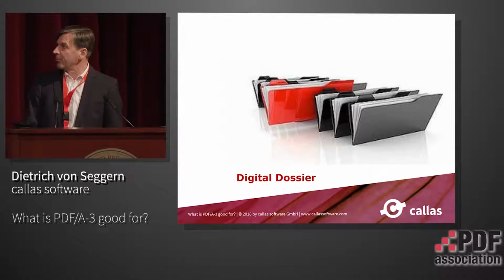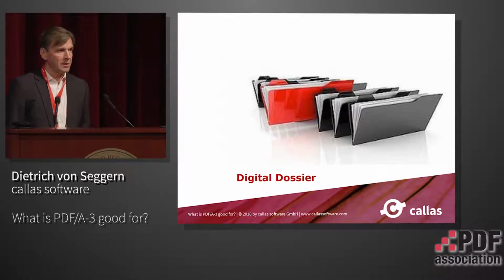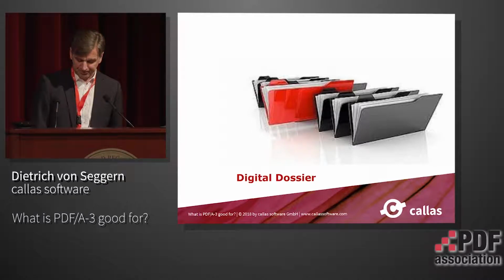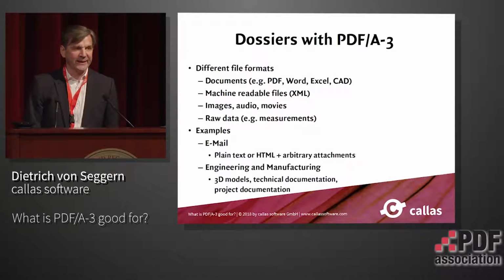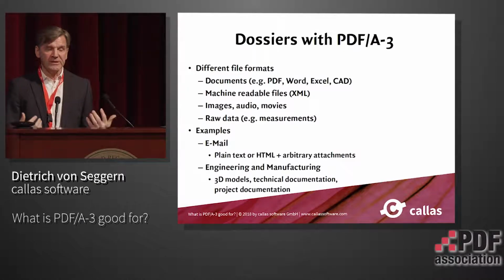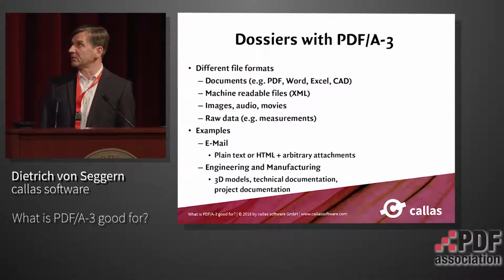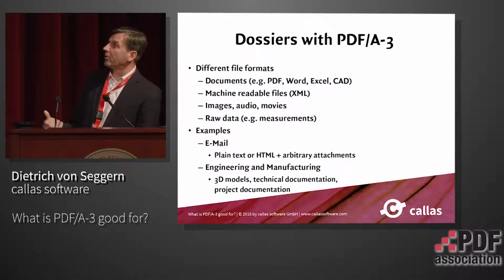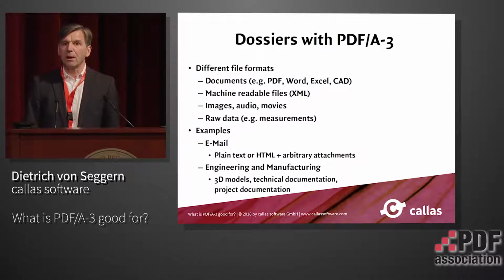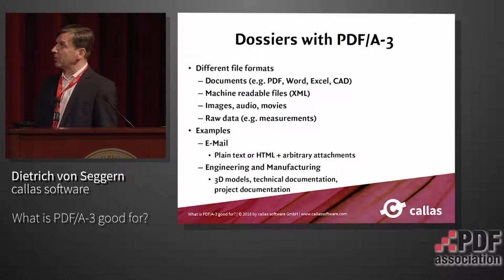So now we are ready for a more complex use case, which is called a digital dossier. I have called it so because a digital dossier is richer, usually it has more than just one attachment, it has several attachments. So it's a folder, it's a dossier, and some files that you would want to add to your dossier are not easily convertible.